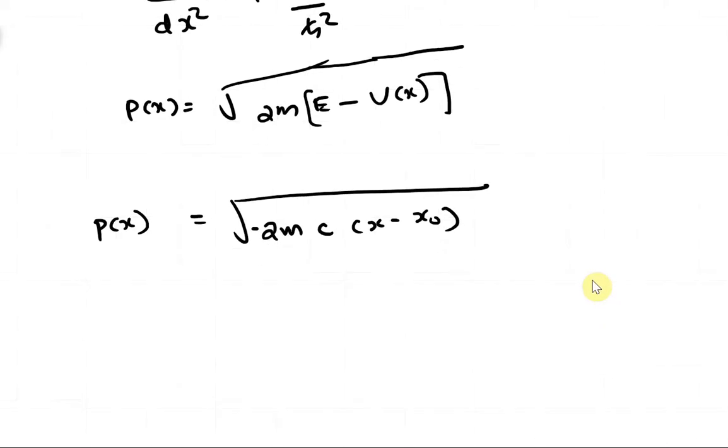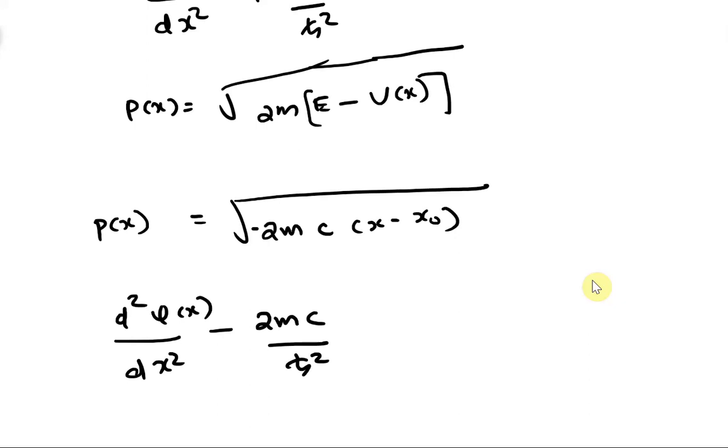This is going to be d square psi of x by dx square plus the square of p of x, where this plus will become minus now, 2mc by h cross square times x minus x naught, into psi of x equal to 0.